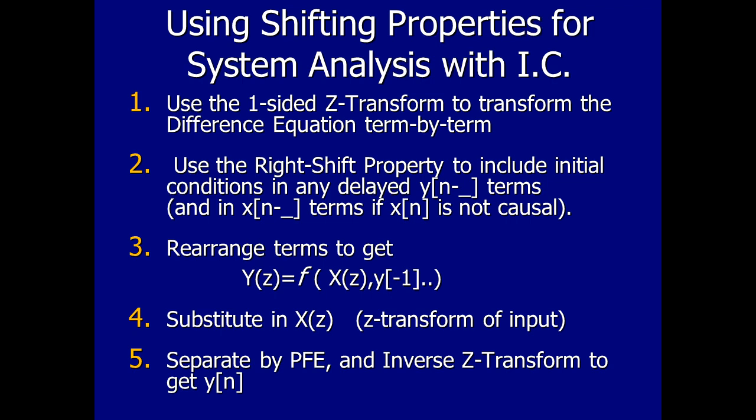Which we can directly inverse transform. That's 5 times 1/2 to the n u of n. That's our zero input response.